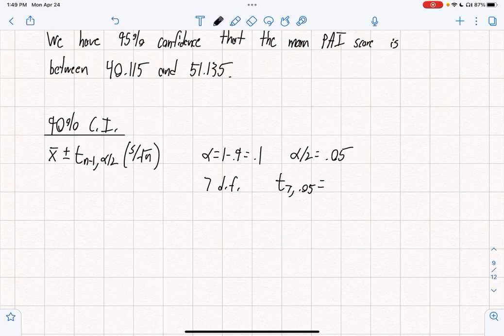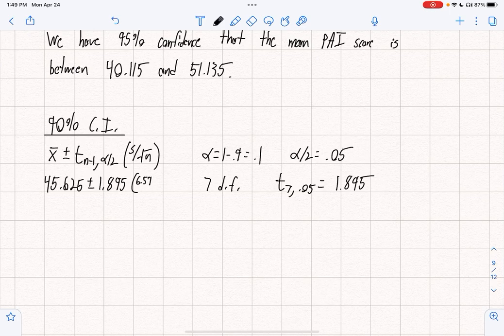So my t is 1.895. And now I'm just going to plug in. Our x bar is the same, 45.625 plus or minus our t value, which is now 1.895, times s, 6.59, over the square root of 8.